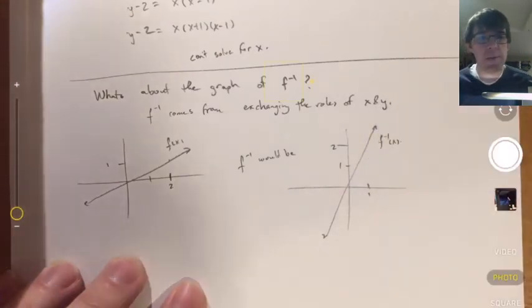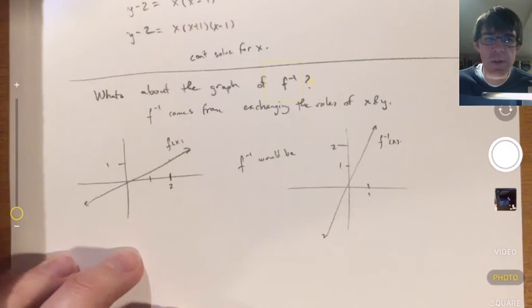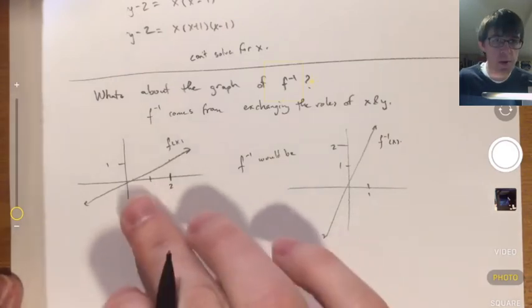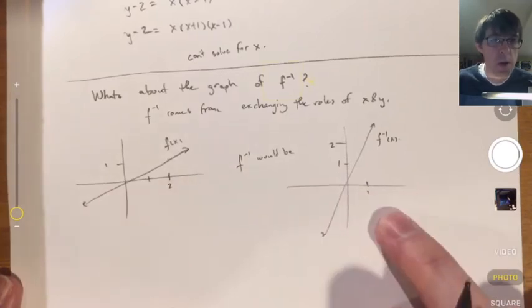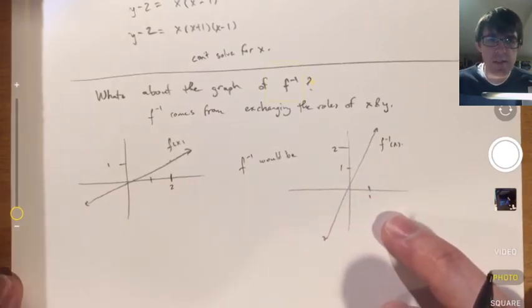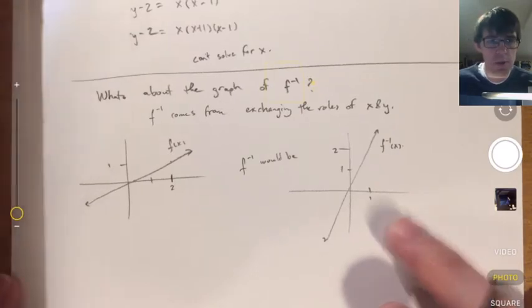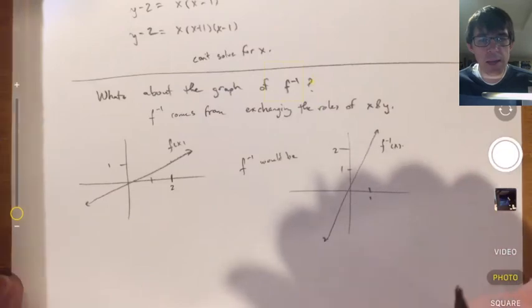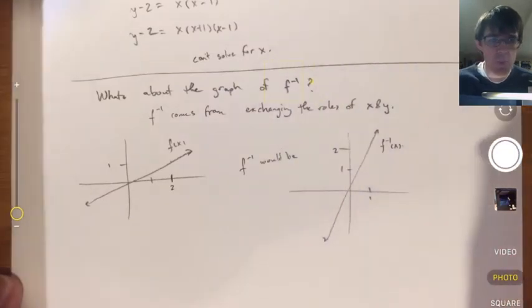And there's a cute way to think about doing this. How do you go from this picture to this picture? You just interchange the x-axis with the y-axis. You kind of flip it over somehow. Imagine that you are swapping the x-axis with the y-axis.